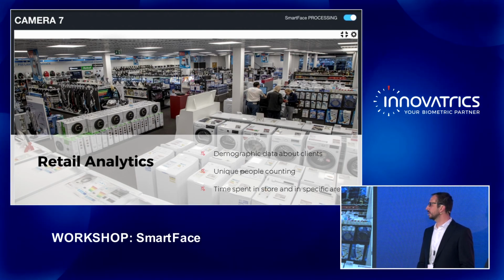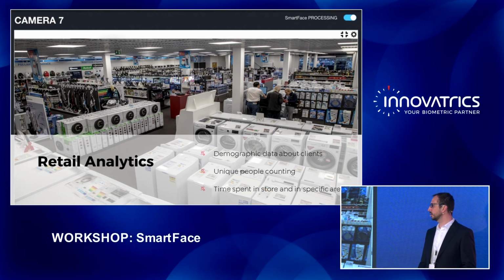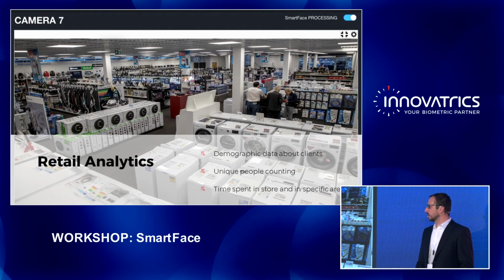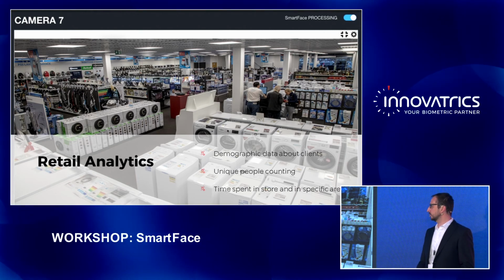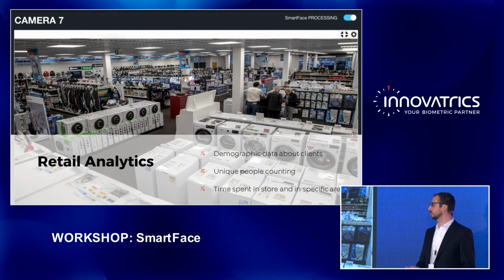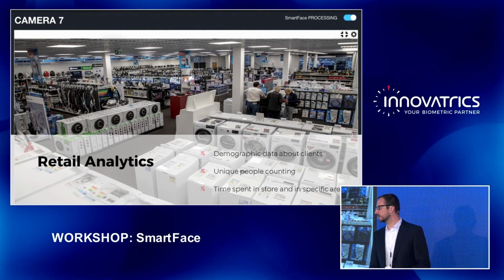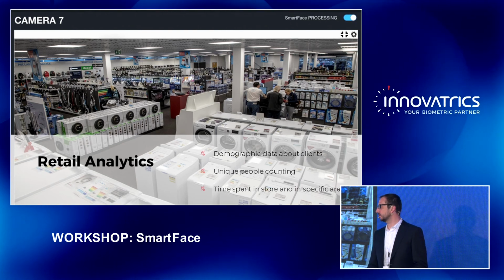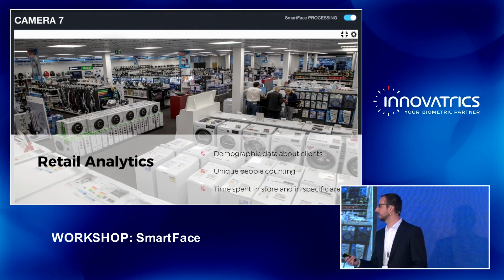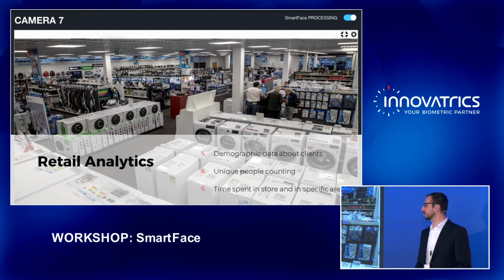And another really interesting use case, where mainly the grouping functionality that we were showing can be used, is retail analytics. You can gather demographic data about your clients. Again, a real use case from one of our customers. You count how many visitors are visiting your retail stores per day, but this is not the only thing. You can estimate the demographics of these visitors.